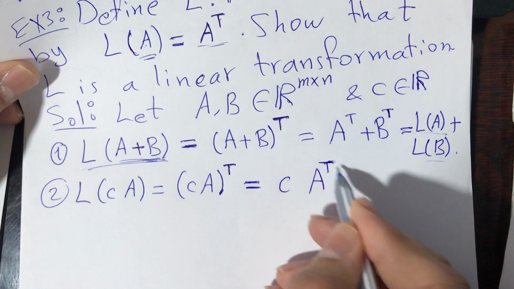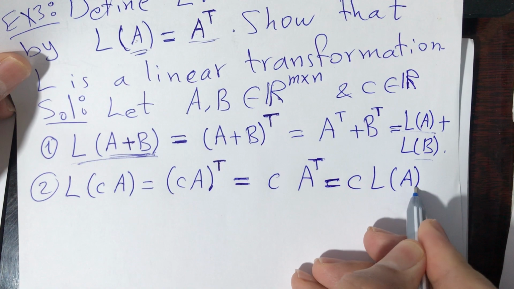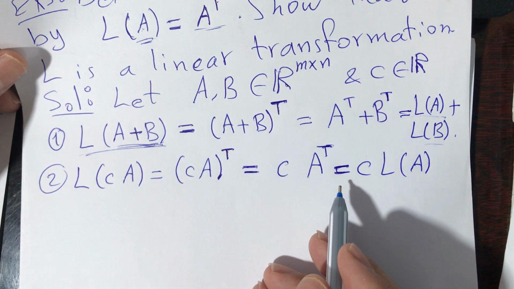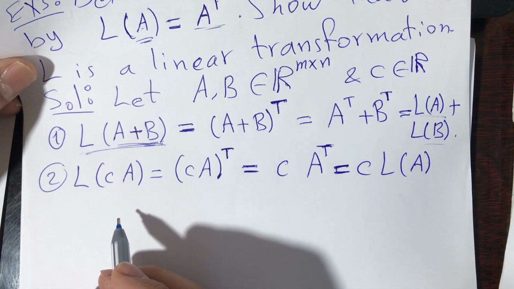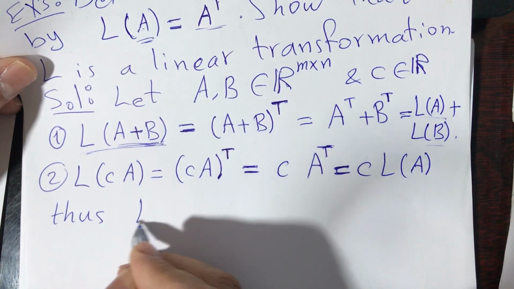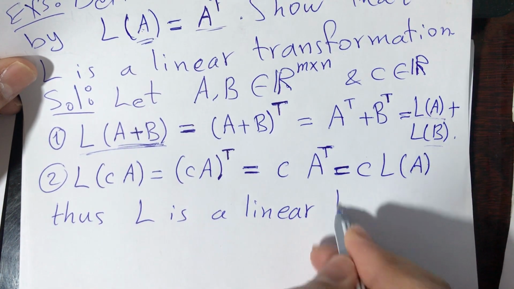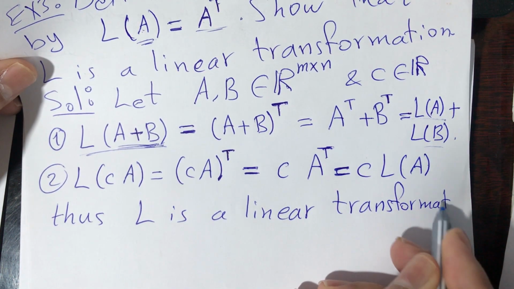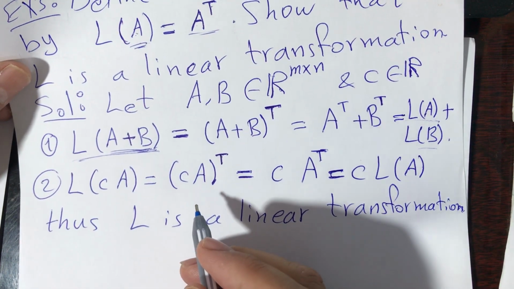So this is equal to c times L of A. Also this satisfies the second condition. Thus L is a linear transformation, and this example is finished.